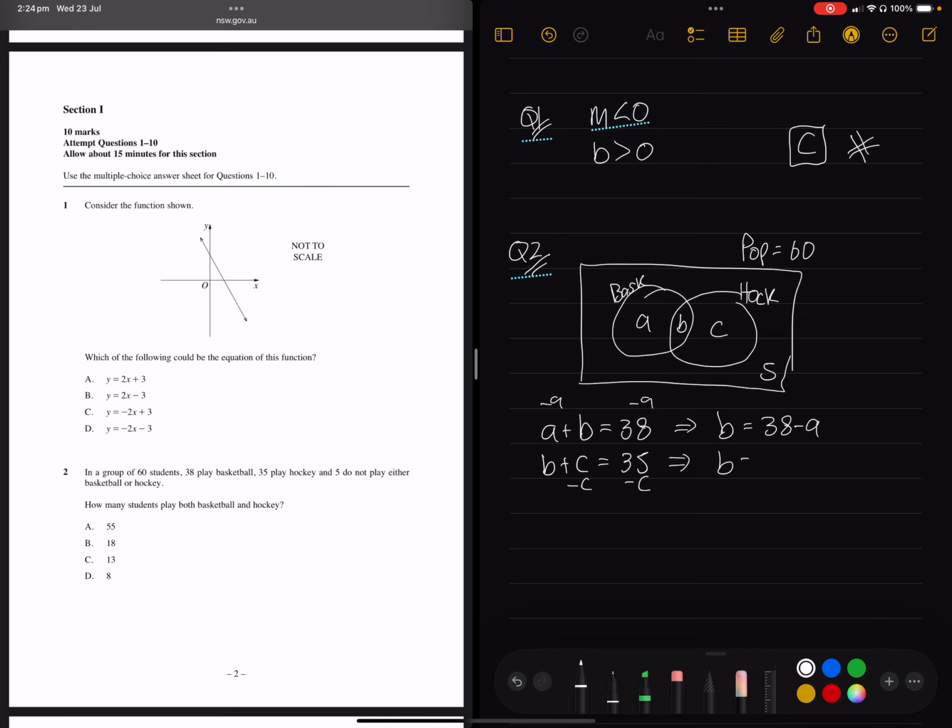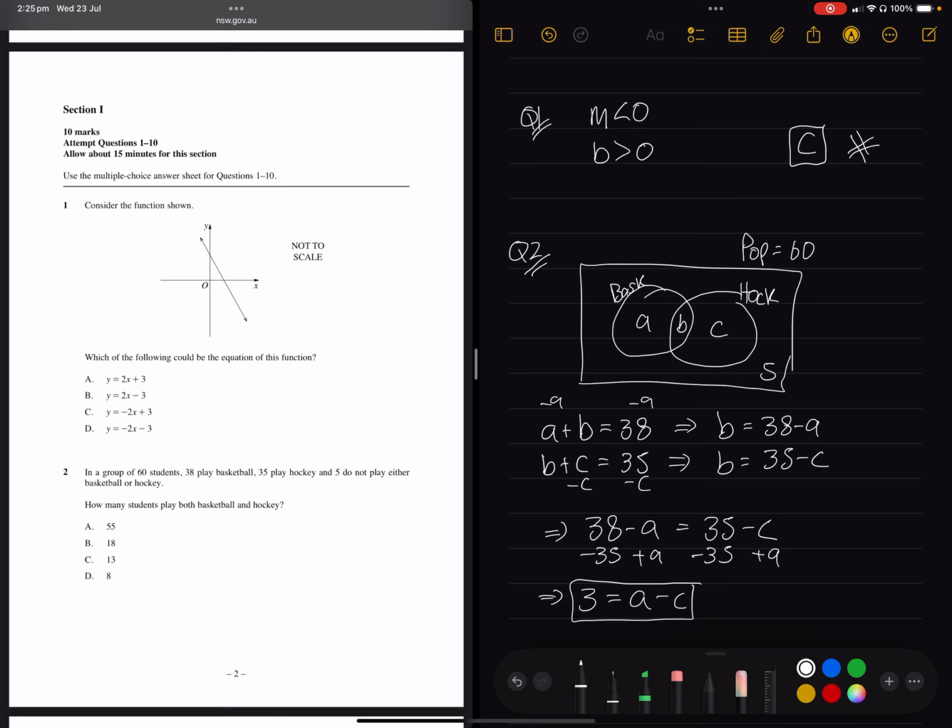This gives us B is 35 minus C. Set these equal to one another. We get 38 minus A is equal to 35 minus C. Minus 35 from both sides. Add A to both sides, and I get 3 is equal to A minus C.